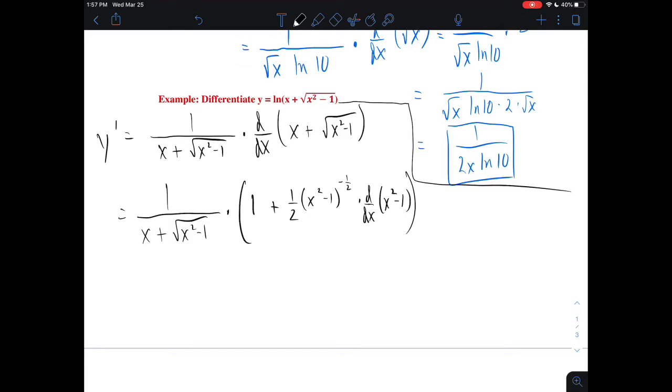So now to clean this up a little bit, I still have my fraction 1 over x plus the square root of x squared minus 1, and then times parentheses 1 plus, if we want, we can write this as a fraction, 1 over 2 times the square root of x squared minus 1, and then times the derivative with respect to x of x squared minus 1 is 2x.